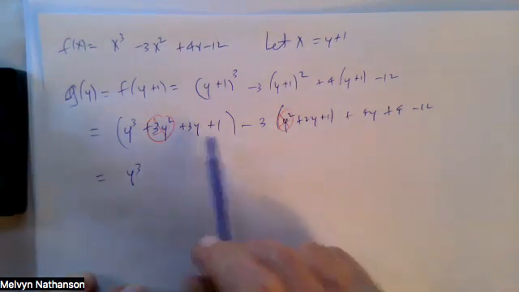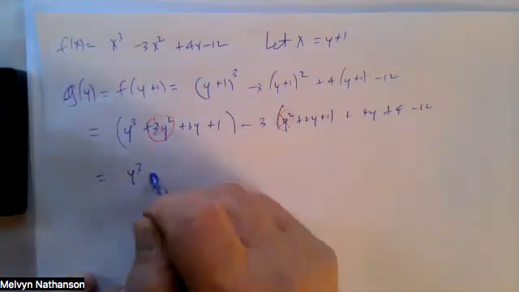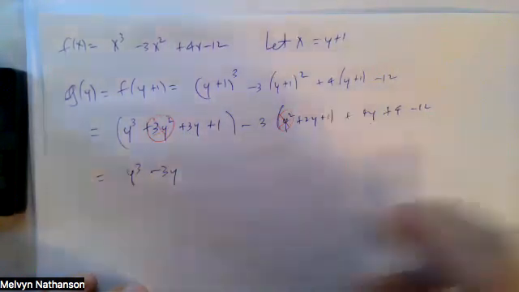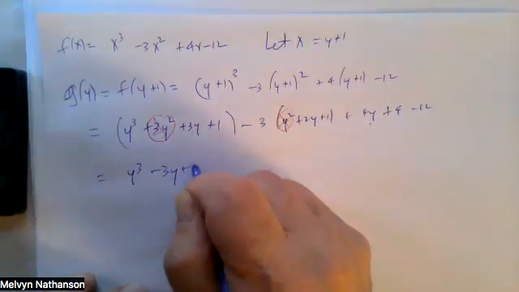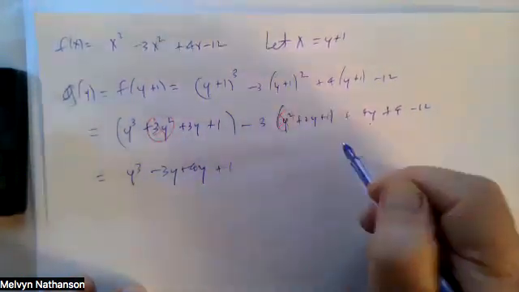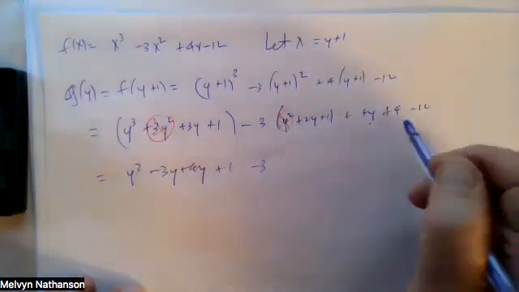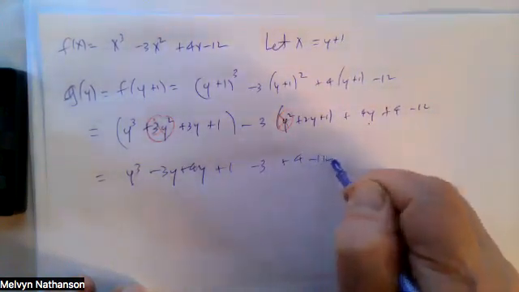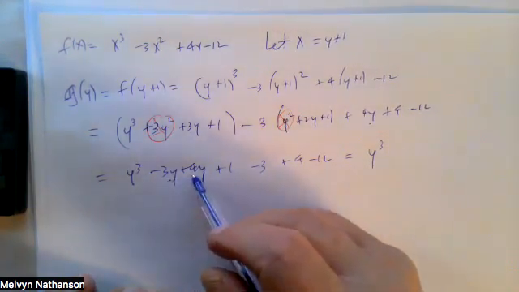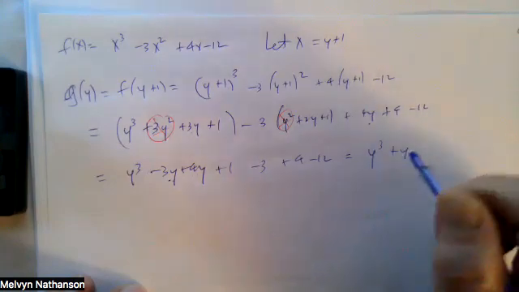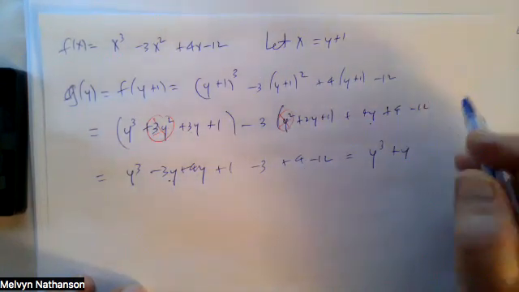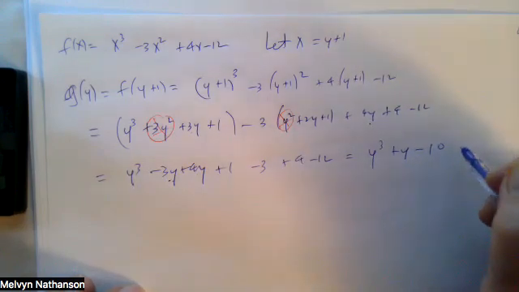Here I have 3y minus 6y is minus 3y plus 4y, plus, what's my constant? 1 minus 3 plus 4 minus 12. So this is y cubed plus y. This is 5 minus 15 is minus 10.